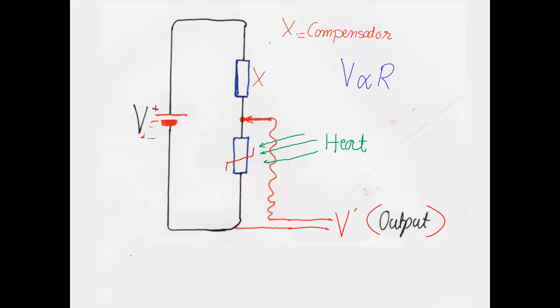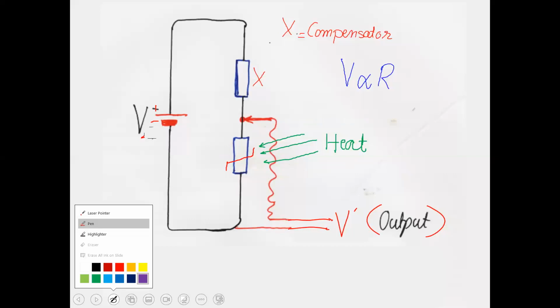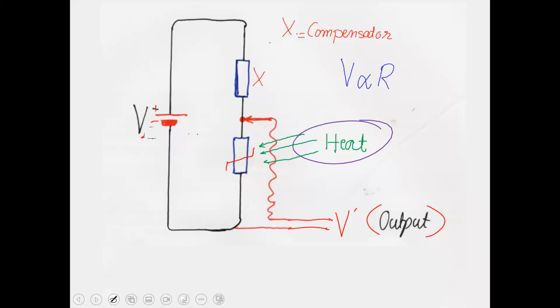X is a compensator. Now the thermistor, I have shifted the thermistor down. Look, now it's here. So what happens? Again, I will go in the same order. When heat comes, temperature will increase, resistance will decrease, and voltage will also decrease.